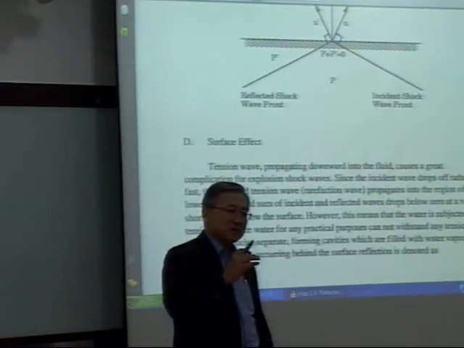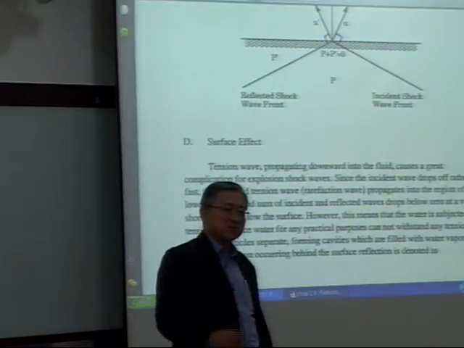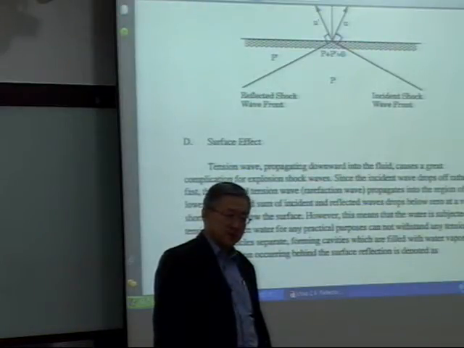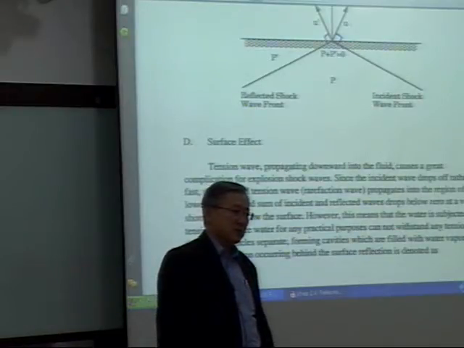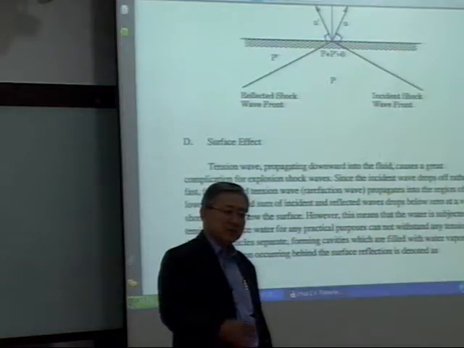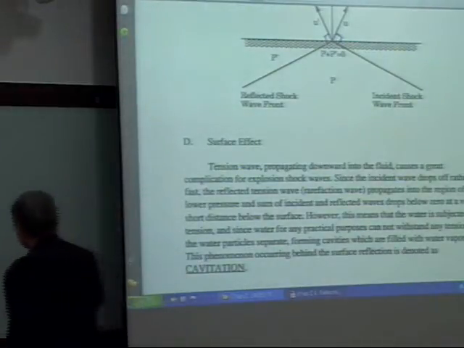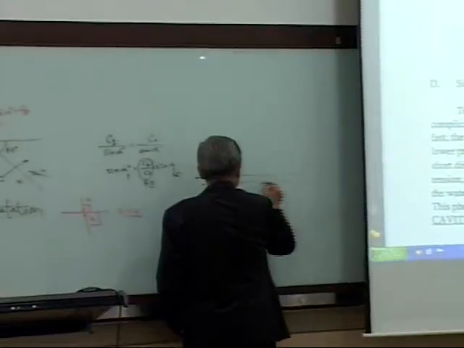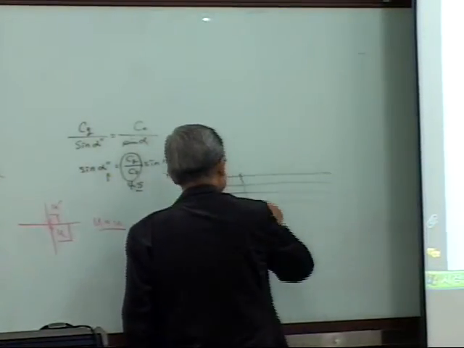So one of the criteria that the cavitation occurs is P goes to 0. Mathematically, when the cavitation starts to occur, you will compute that after we return from the conference.